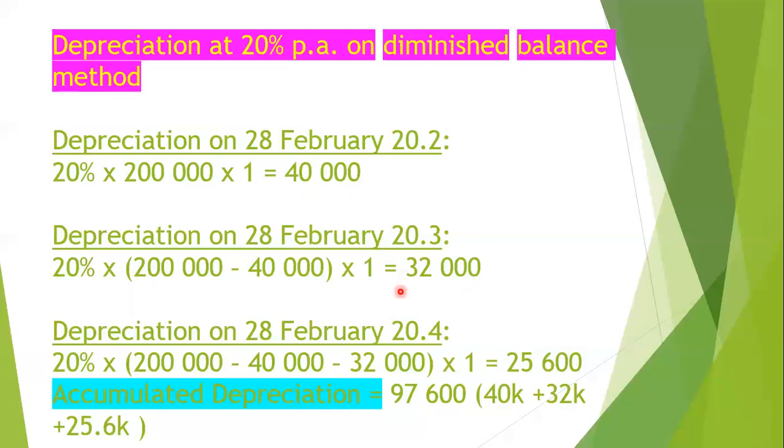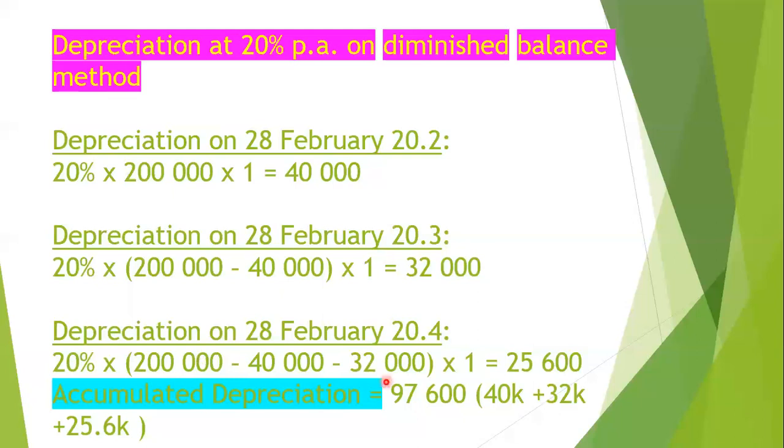And we do the same procedure in the third year. So this is the third year. So we also going the percentage is standard 20% times 200,000. This being the cost price of the vehicle. We minus the 40,000. The 40,000 comes from here. The first year's depreciation minus 32,000.